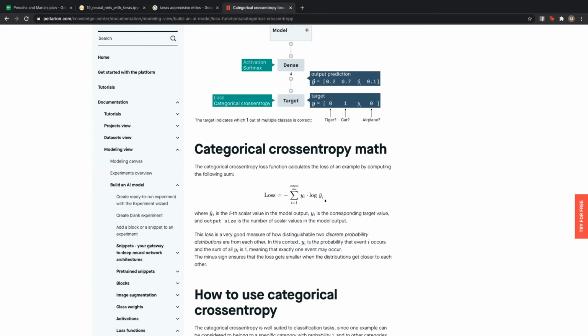When you calculate this loss, the value of yi is 0 at all positions except the third position. So what you can do is just calculate log of y cap i at the third position, which is the probability predicted by the model at the actual label, the true class. And then you multiply that by 1.